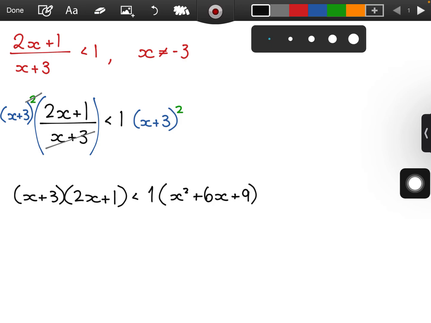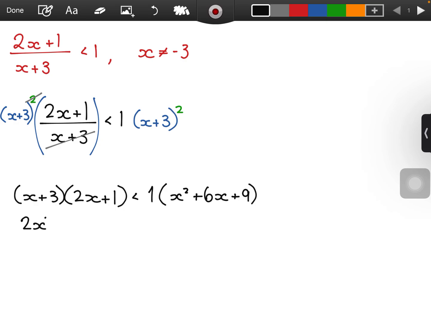So I'm going to multiply these out so that I get 2x squared plus x plus 6x plus 3 is less than x squared plus 6x plus 9.